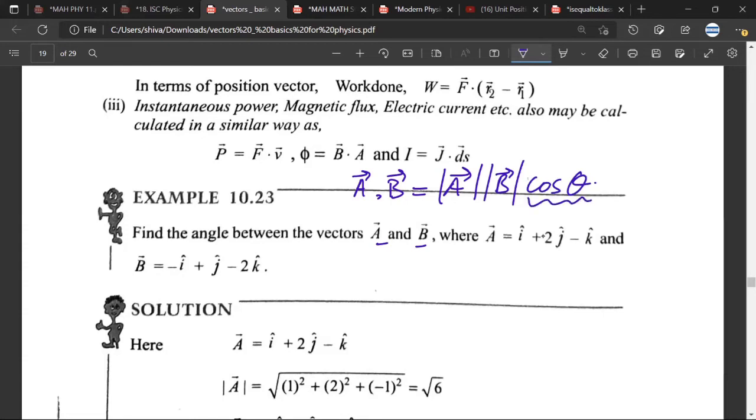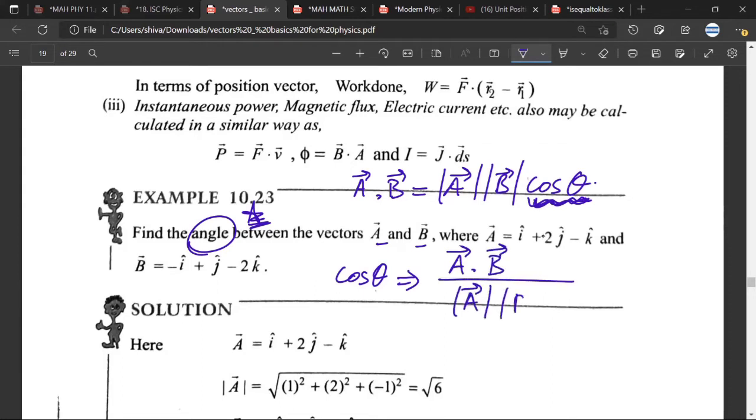If I am able to find this, then I will be okay with the answer. Are we clear, Avantika? Yes. So cos theta would be equal to A dot B upon modulus of A into modulus of B. Ms. Avantika, am I clear?